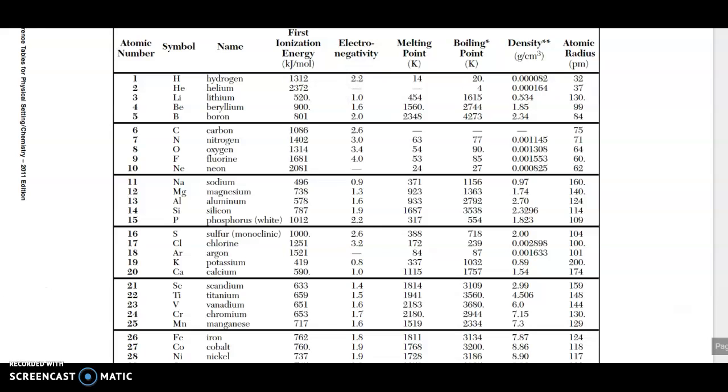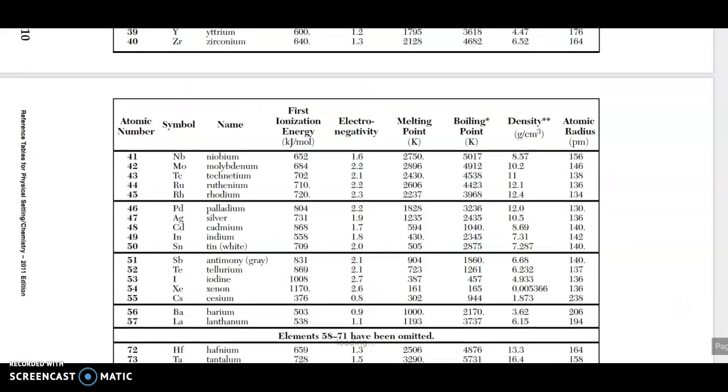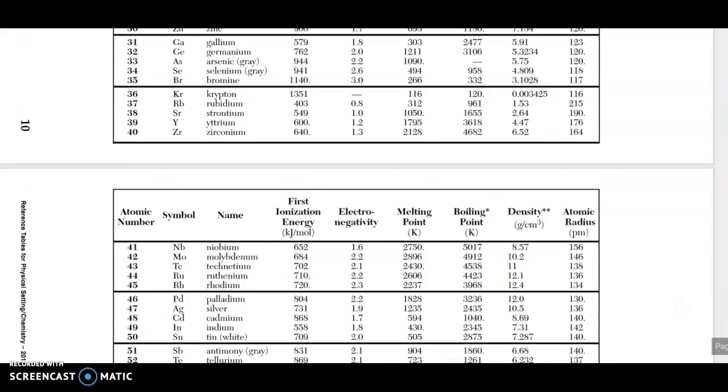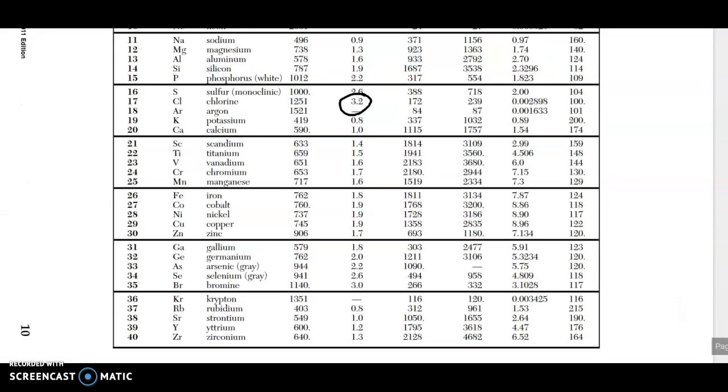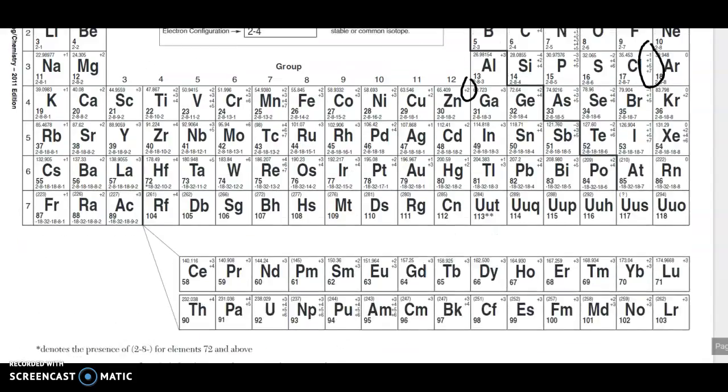I already know off the bat that chlorine will be negative because chlorine is the nonmetal, and nonmetals have a higher electronegativity value. But you can always check this table. So chlorine is 3.2, and zinc is down here. Zinc is 1.7. So we know chlorine is going to be negative and zinc is going to be positive.